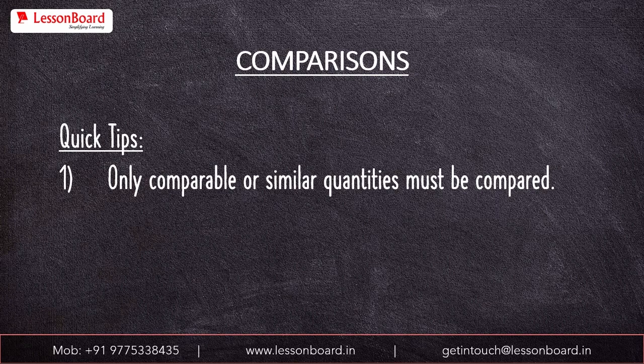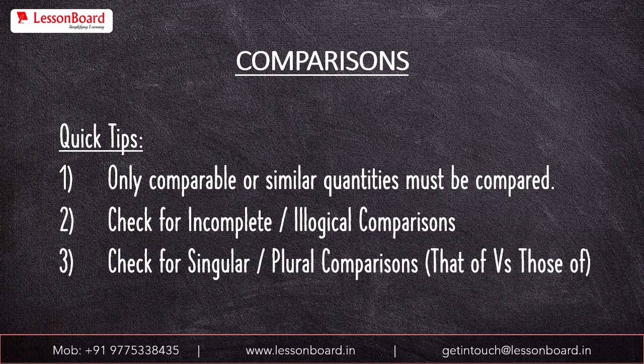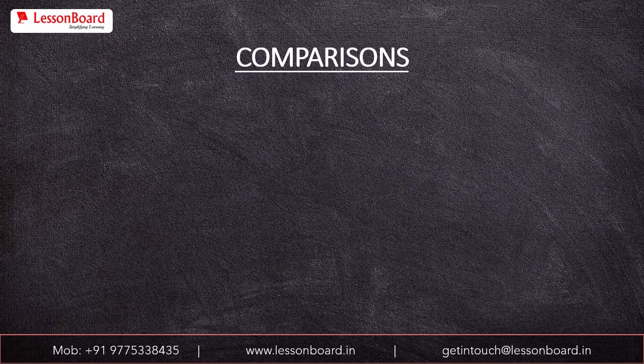You cannot compare apples to oranges. Number two, check for incomplete or illogical comparisons. And number three, check for singular or plural comparisons, that of versus those of. So let's quickly understand what points 2 and 3 actually mean.